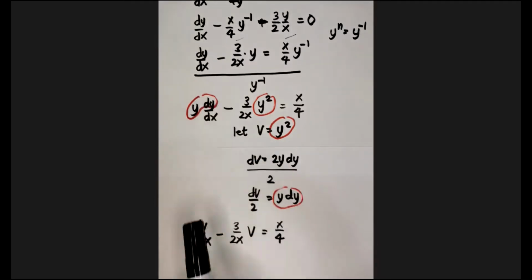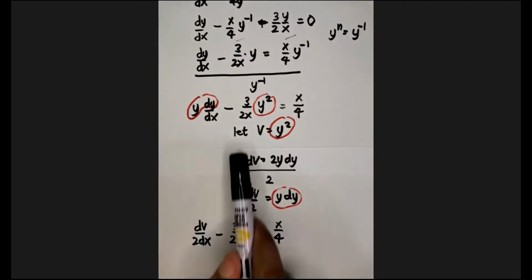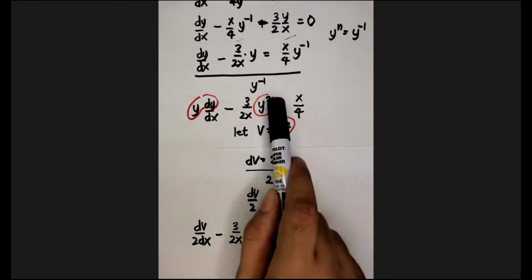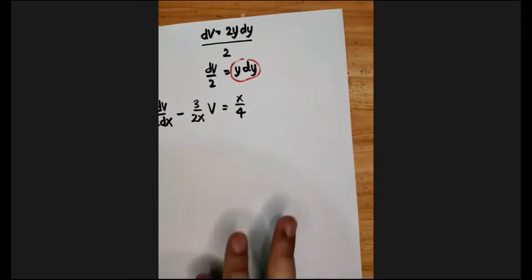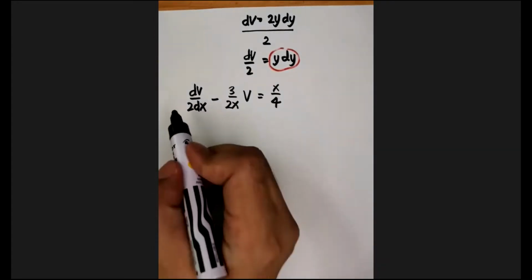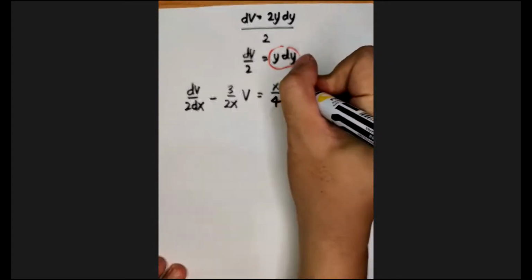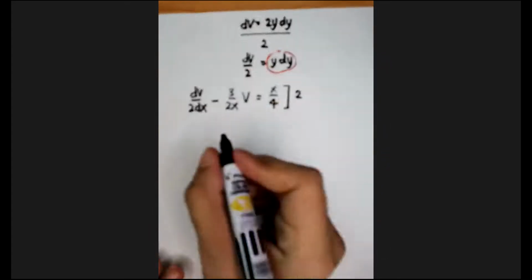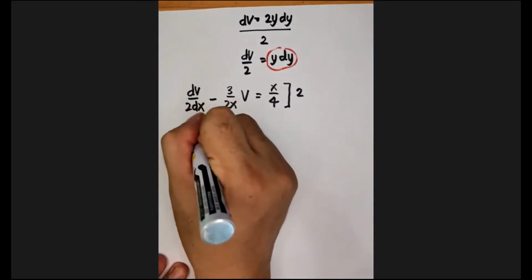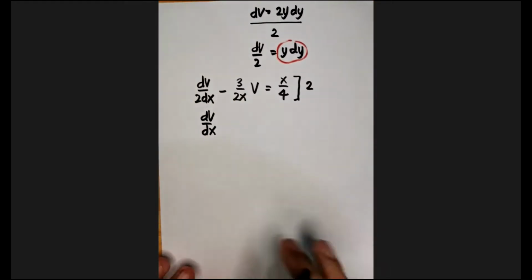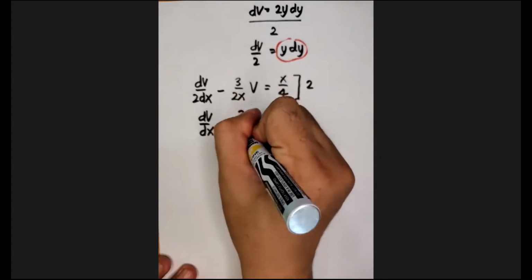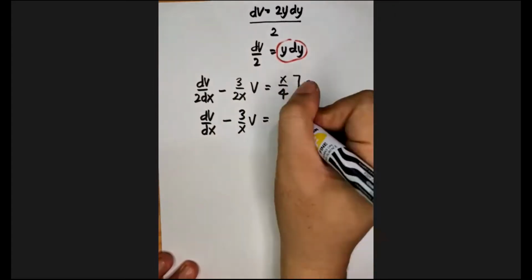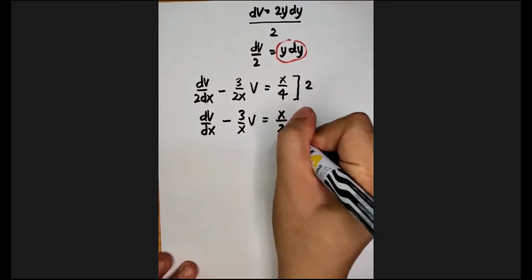So, magiging dv over 2 dx minus 3 over 2x, yung y squared is equal to v, is equal to x over 4. Okay, after that, we get rid of this 2 here by multiplying the whole equation by 2. So, we'll have dv over dx minus 3 over x times v is equal to x over 2.